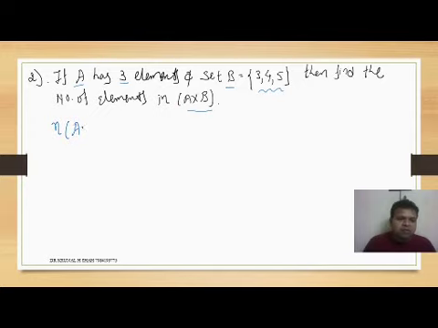Number of elements of A cross B equals number of elements of A cross number of elements of B.